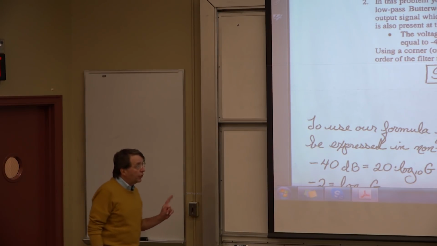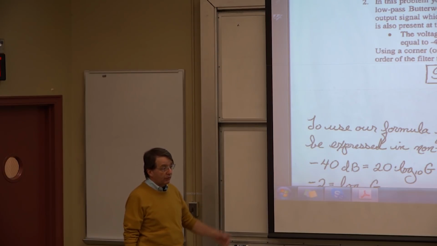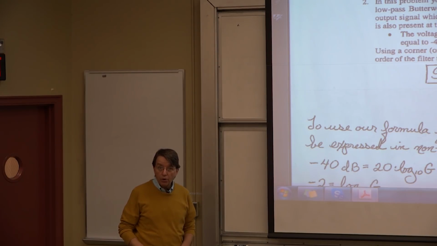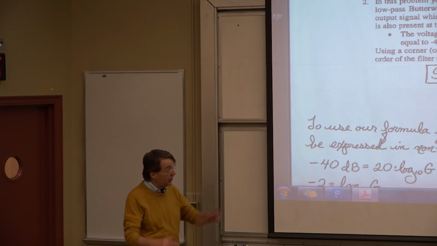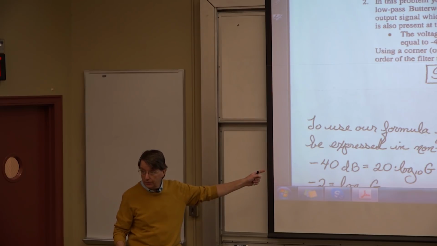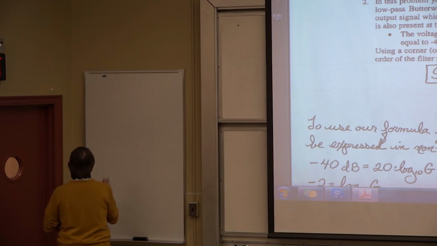Here we're asking for the order of the filter to meet some requirement. It's a Butterworth filter. I'm hoping you know right away the formula to use. Now the formula is on the formula sheet, which by the way is at the end of this solution. But here's the formula.